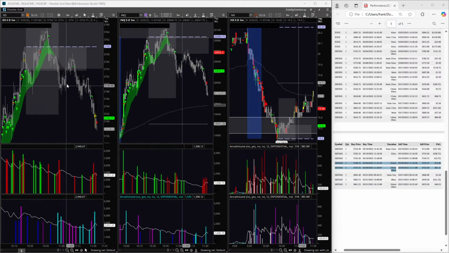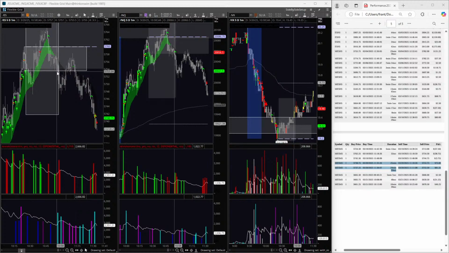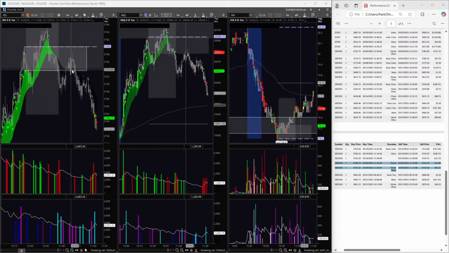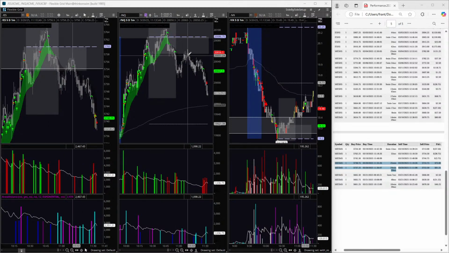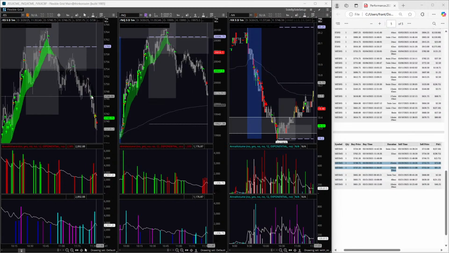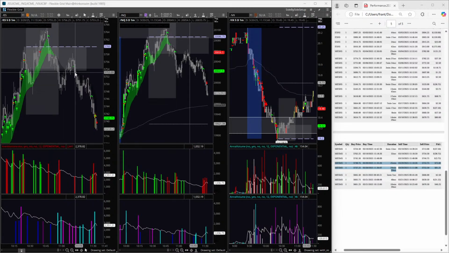All right, we got a nice little pullback. My entry, I believe, was over here. 11:10 was here, right? So we pulled back in, so we never really fully came out. We ended a little deeper here and then stepped out, and then we had like a trend line that was broken right here at 11:15.